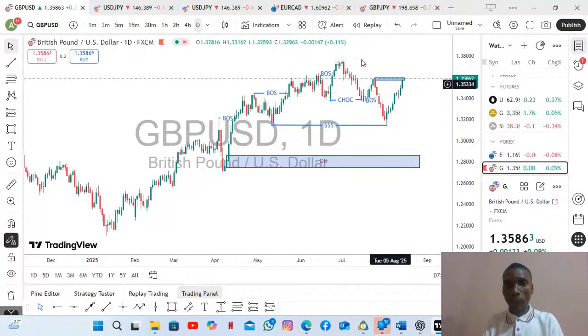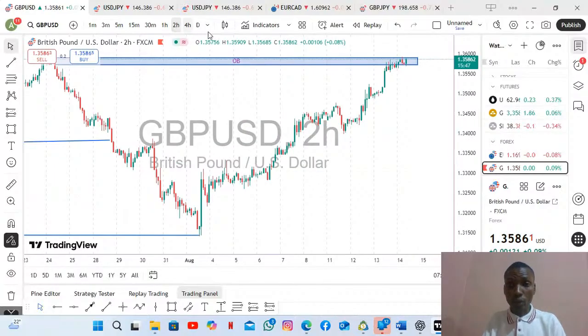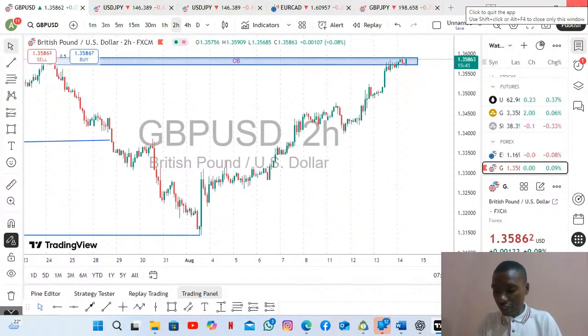So if you come to the 2-hour time frame again, you can see that price is presently inside this order block. It is reacting in the order block. And what are we going to do?